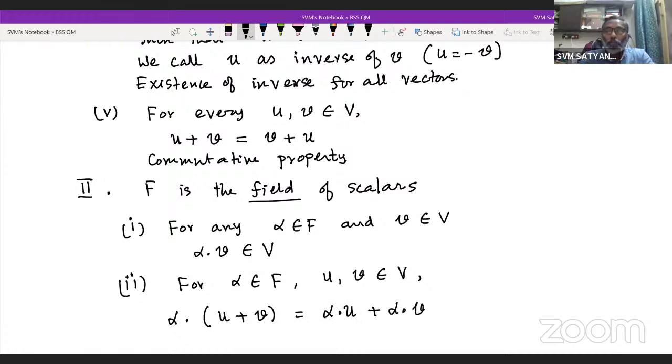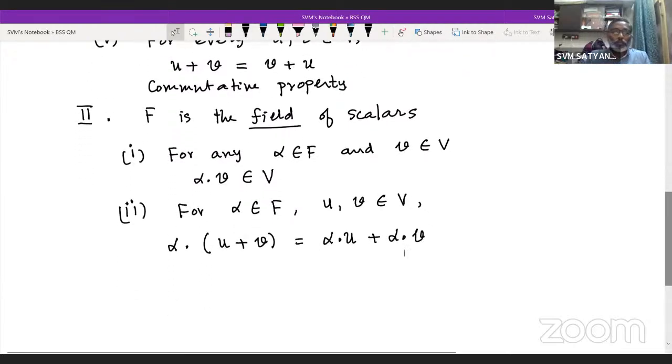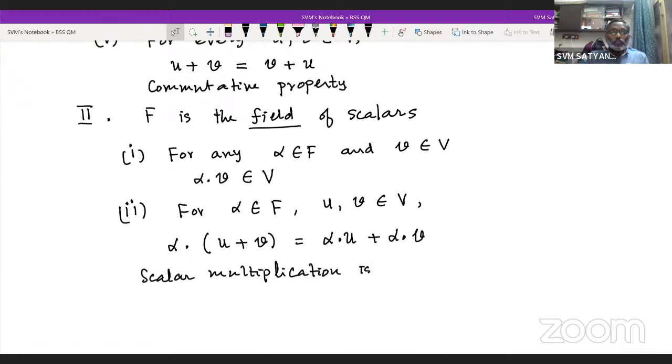So this property is called the distributive property. Scalar multiplication is distributive.